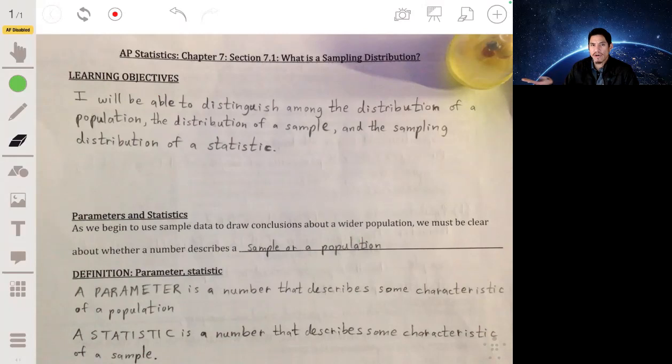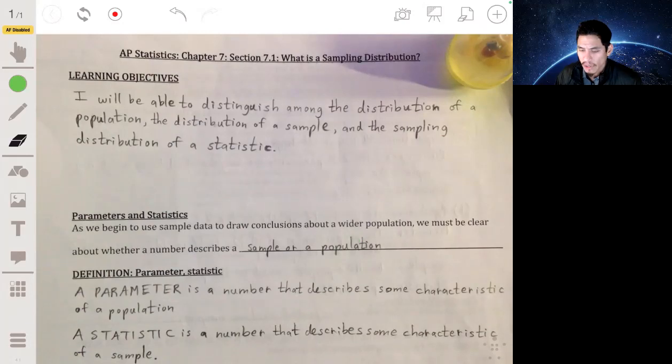Let's say you want to figure out what proportion of people like dogs over cats, or what proportion of high school kids smoke weed. Maybe you want to figure out the average amount of time that a teenager spends on social media per week. These are questions that we need statistics to answer.